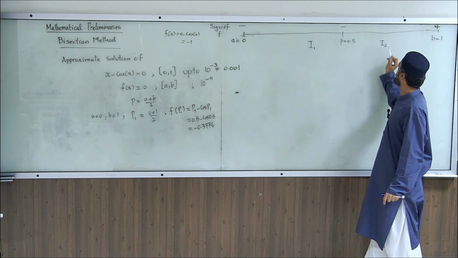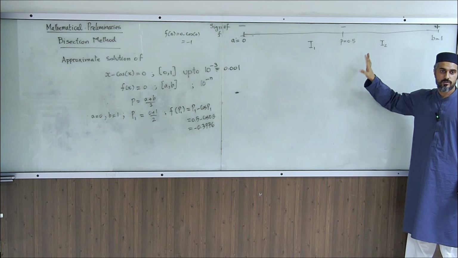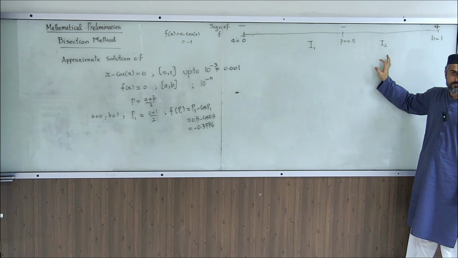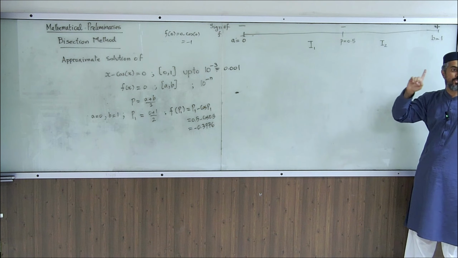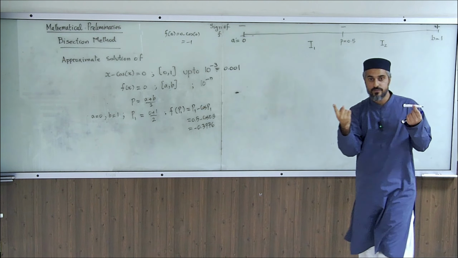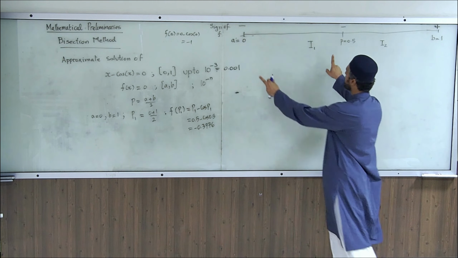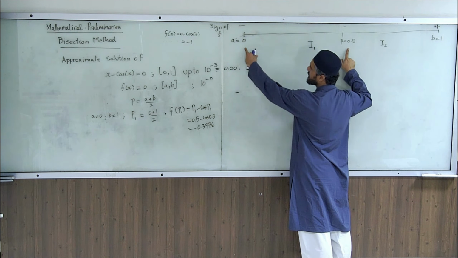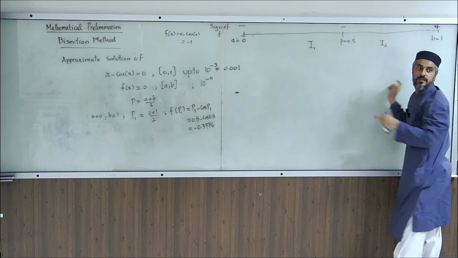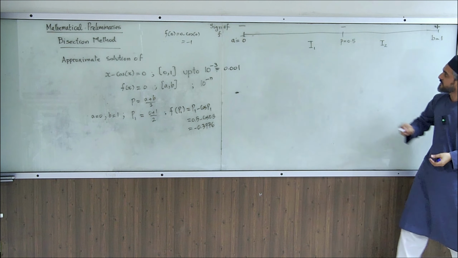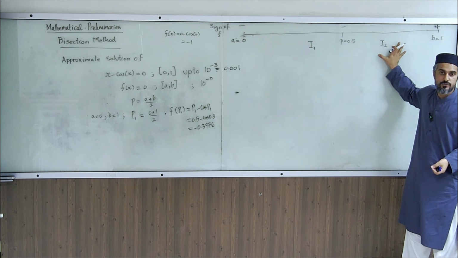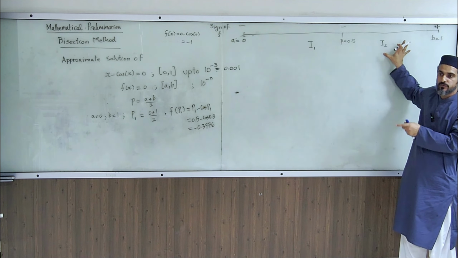By identifying the sign, can you tell where the solution lies, in I1 or I2? We are sure that the solution lies where the function has different signs at the endpoints. If this is an interval, the signs are the same. And if this is the interval, the signs are different. If the signs are different, it means I need to find a solution in this interval. My solution lies over here.